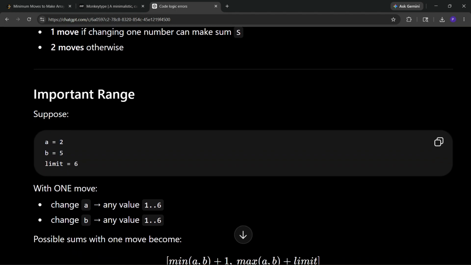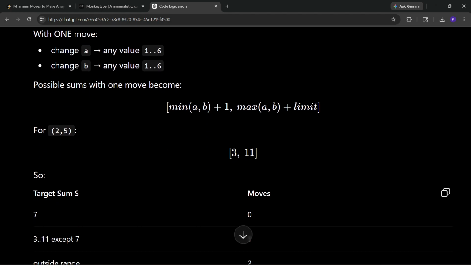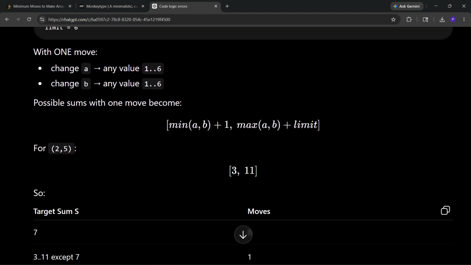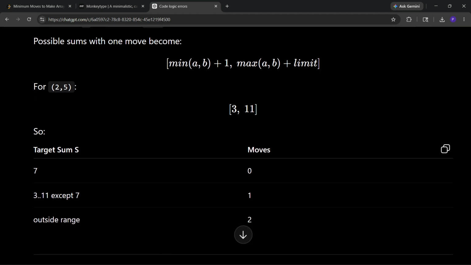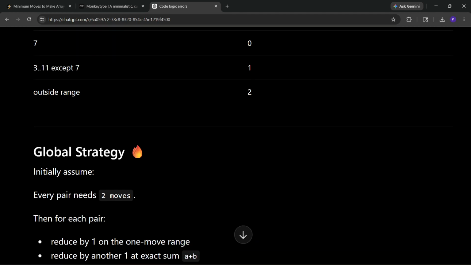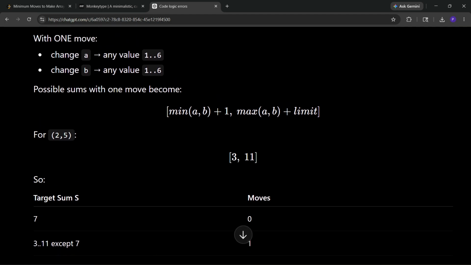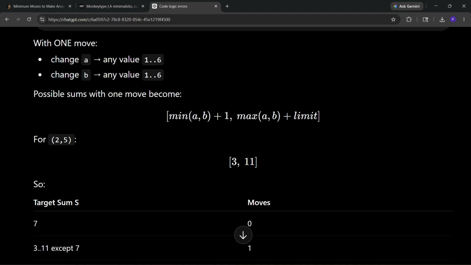Suppose A comma B is, possible sums with one move become minimum of A comma B plus one, plus maximum of. Oh, the number between this and this.